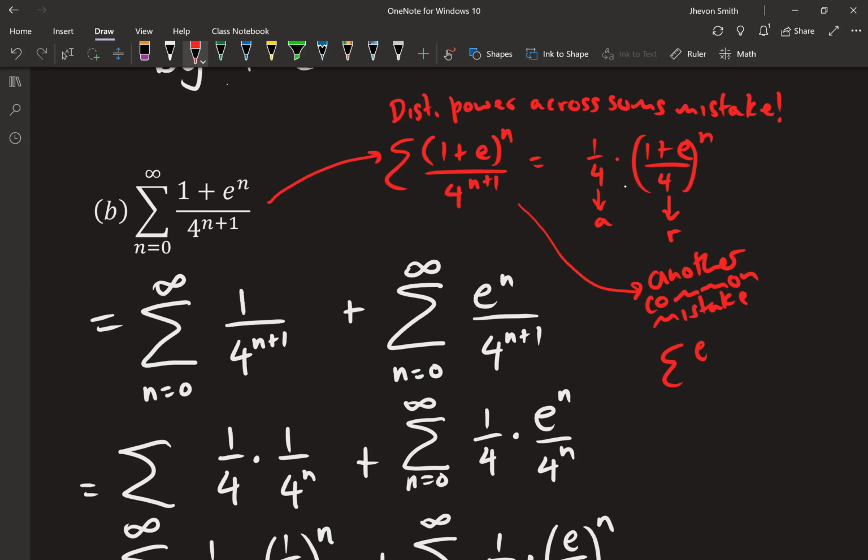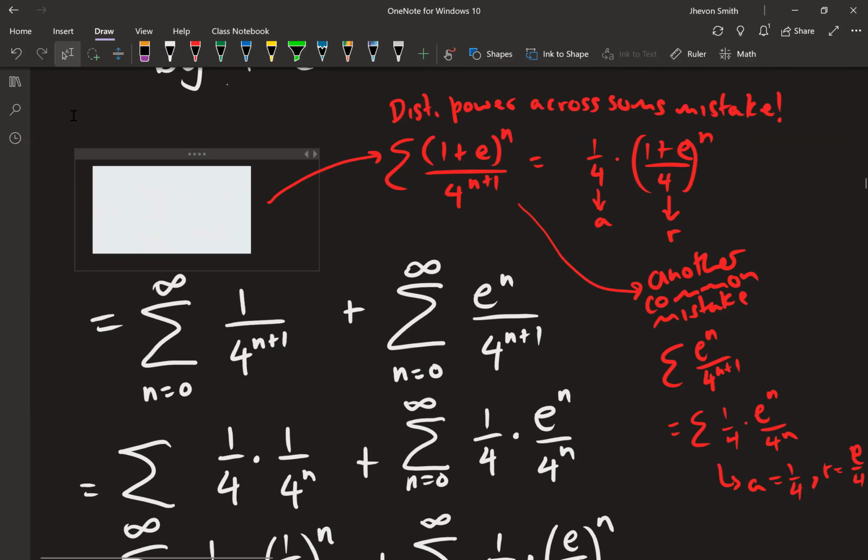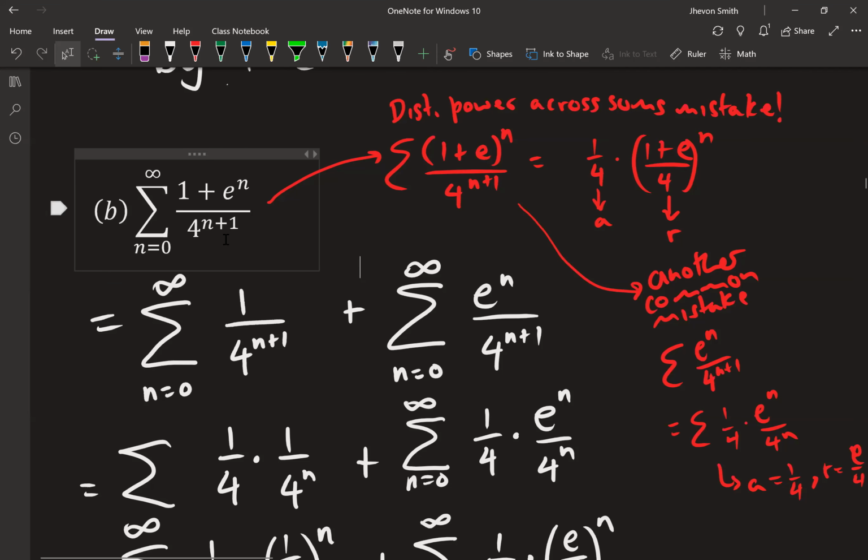They might think of this as E to the N over 4 to the N plus 1, and then they would write it as 1 over 4 times E to the N over 4 to the N. And so they'll get their A is 1/4 and their R is E over 4. So that's another mistake that could happen, very common, but both of those are actually incorrect because it's a mistake in algebra. However, if I split them across the sum, which I know I can do for series, then each individual actually behaves geometrically.